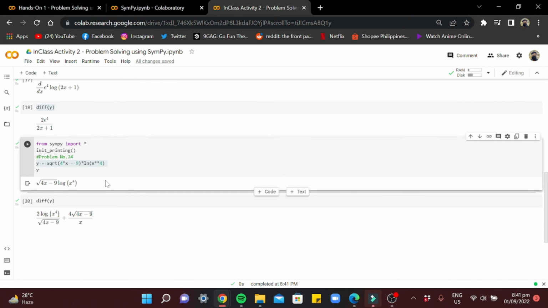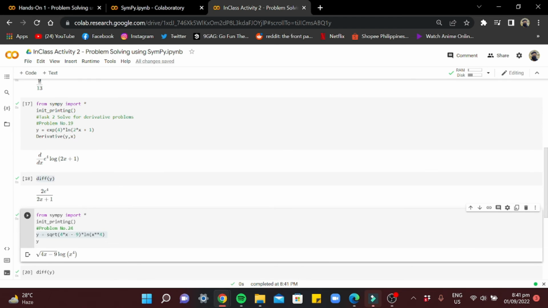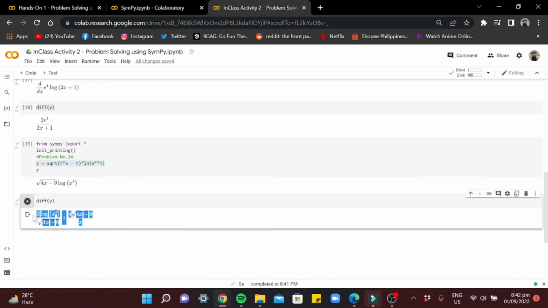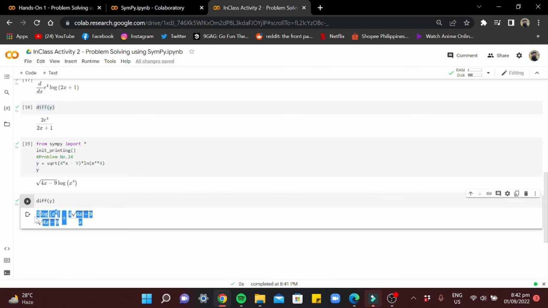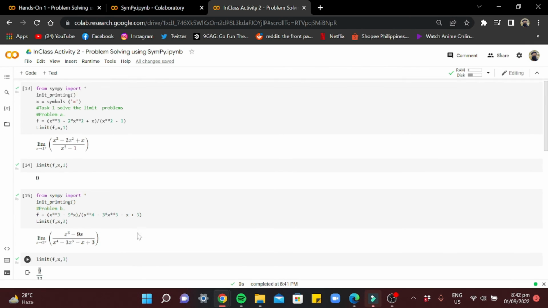My final verdict from this in-class activity 2 is that calculus can be somewhat easy to solve in Python by just inputting the function and equation from a given set of problems and telling the system to output the answer. But it doesn't show you the process of achieving these answers.